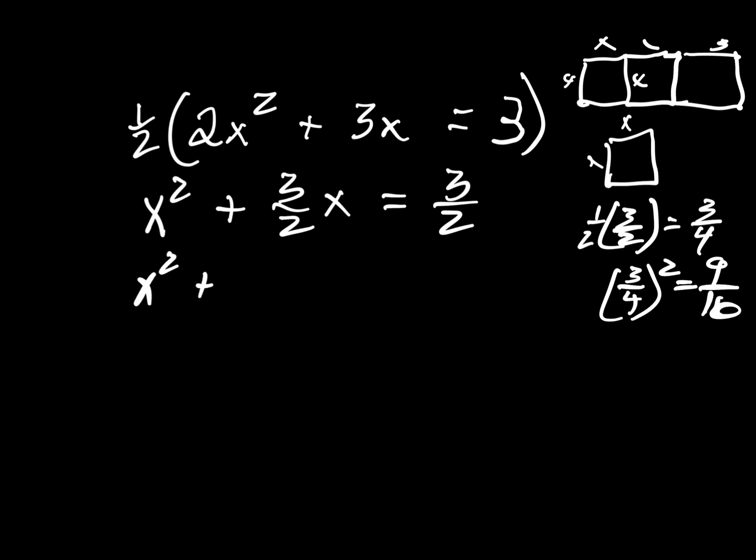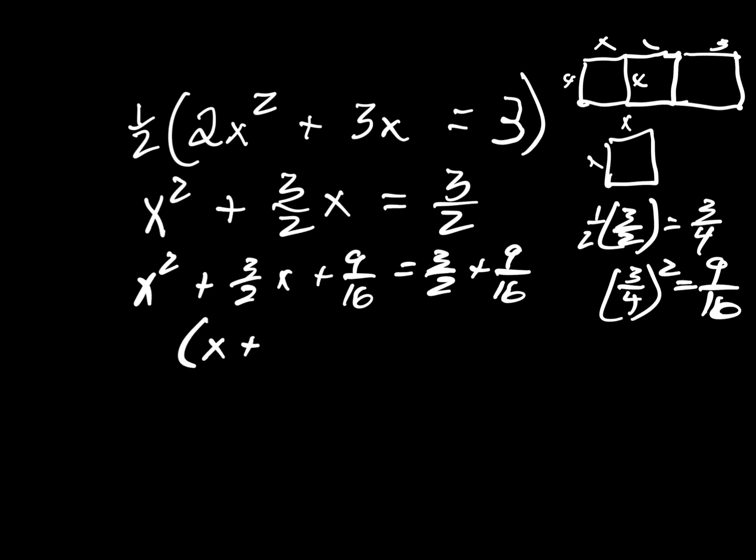So x squared plus 3/2 x plus 9/16 equals 3/2 plus 9/16. All right. Again, this will factor x plus 3/4, always whatever half of that coefficient is. All right. And the other side will add it together. So this will be 24 over 16.